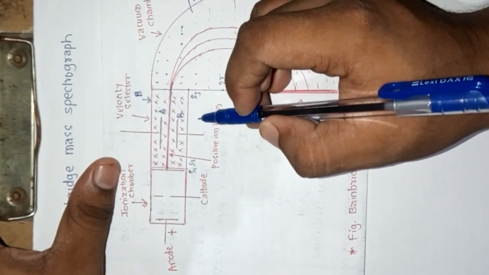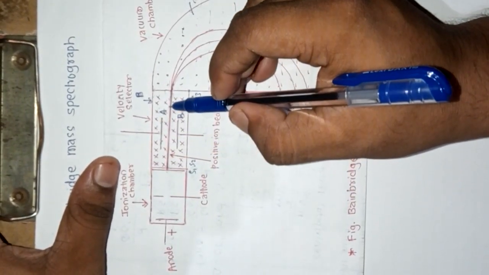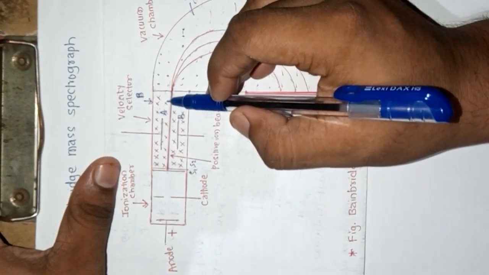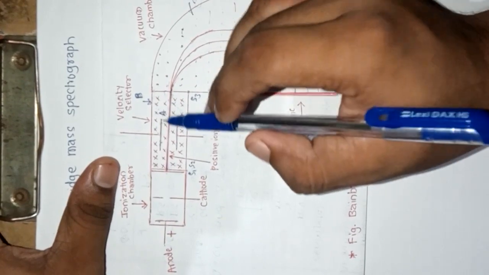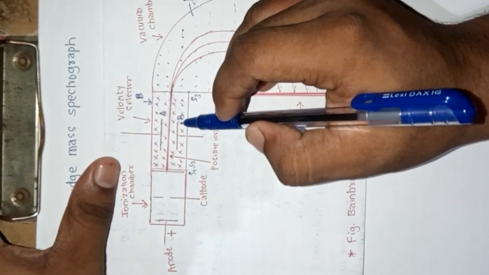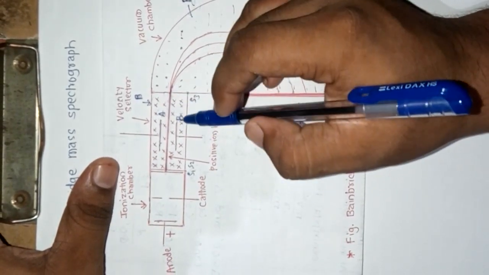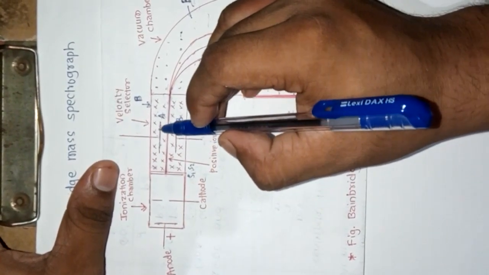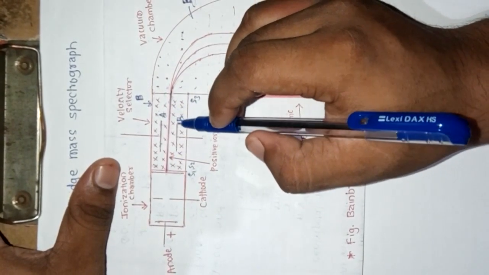Now when the beam of positive ions passes through this velocity selector, the velocity of the ions present in the given beam becomes equal, and the beam becomes an undeflected beam due to the equal effect of the electric field and magnetic field.